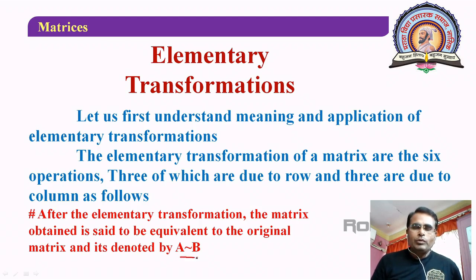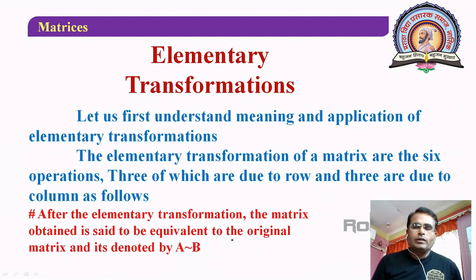In that case, we say that the new matrix is equivalent to the original matrix, and it is denoted by A equivalent to B. So after an elementary transformation, the matrix obtained is said to be equivalent to the original matrix, and it is denoted by A equivalent to B, which is the notation given here.